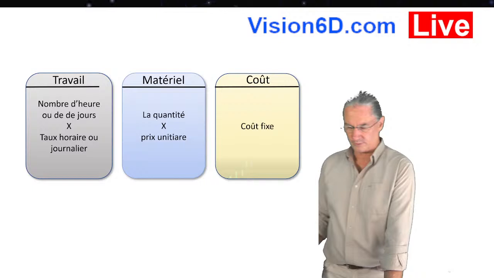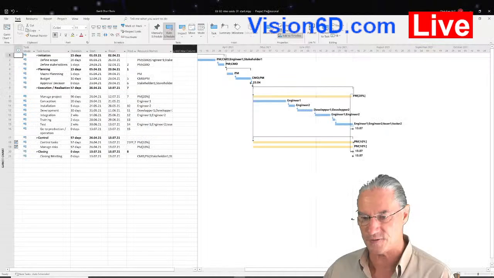I already have the tasks defined, and I already have resources defined. Now we are at the stage where the planning is defined for the project, but we didn't do the costs. To start, you see we already have many resources defined in this project. I'm just enlarging the column so that you can see.